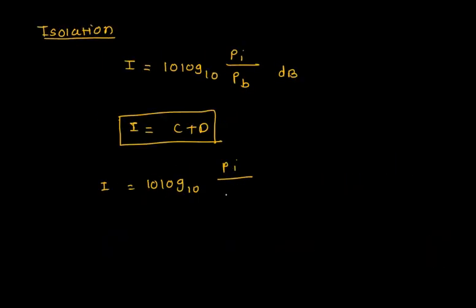So if you put those values, Pi and 10 raised to 8, this is 10 log to the base 10 raised to 8, so this comes to 80 dB.